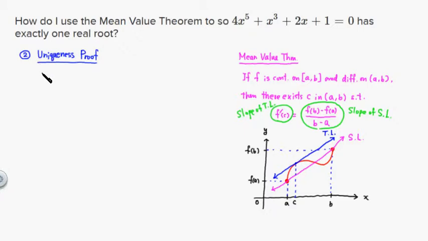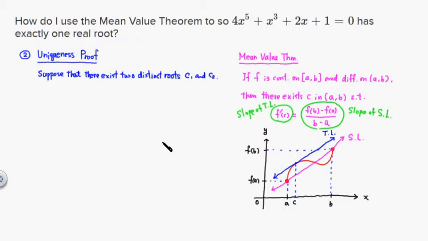So let's suppose that there exist two distinct roots. We're going to have to name them, let's say c1 and c2.